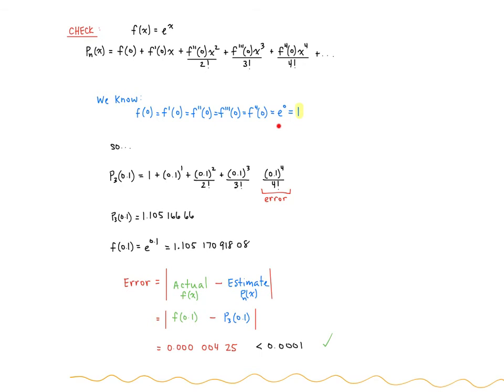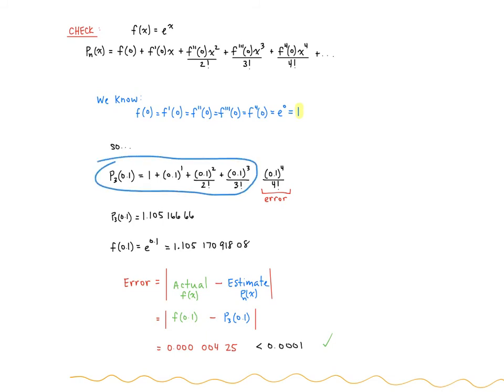So the derivative of e to the x is always going to be e to the x, and when we evaluate that at x equals 1, we get 1. So we can write our third degree polynomial and evaluate it at 0.1, and we're going to get 1 plus 0.1 to the first plus 0.1 squared over 2 factorial plus 0.1 cubed over 3 factorial. So this is our P3 portion right here.